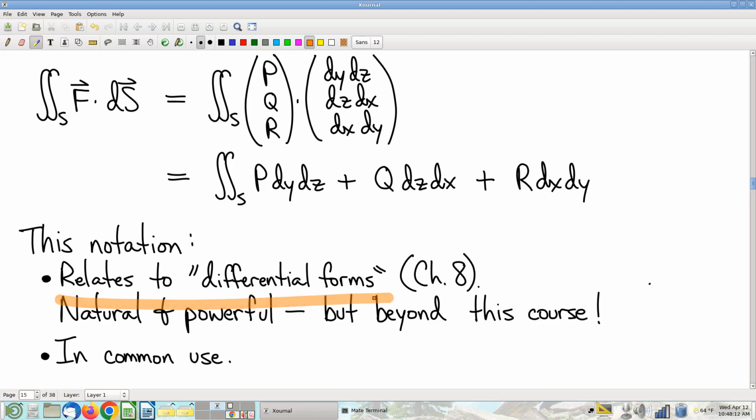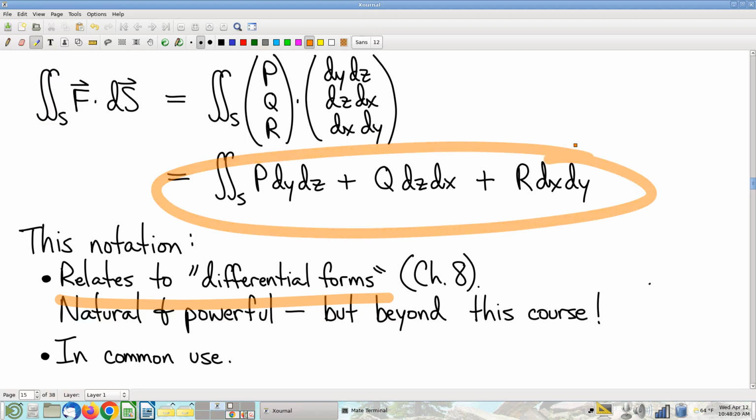And if you were to write down the differential form notation to represent this vector surface integral, it would look a lot like this. Not quite exactly. There's a little missing aspect of it that, again, we don't have time for. But this is highly suggestive of differential forms. Differential forms are bonkers powerful. Extremely good stuff. You can prove stuff with differential forms you just can't prove without them.